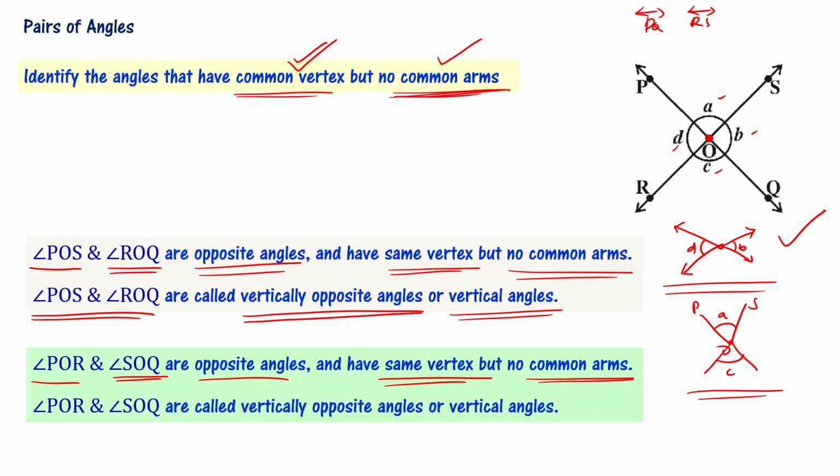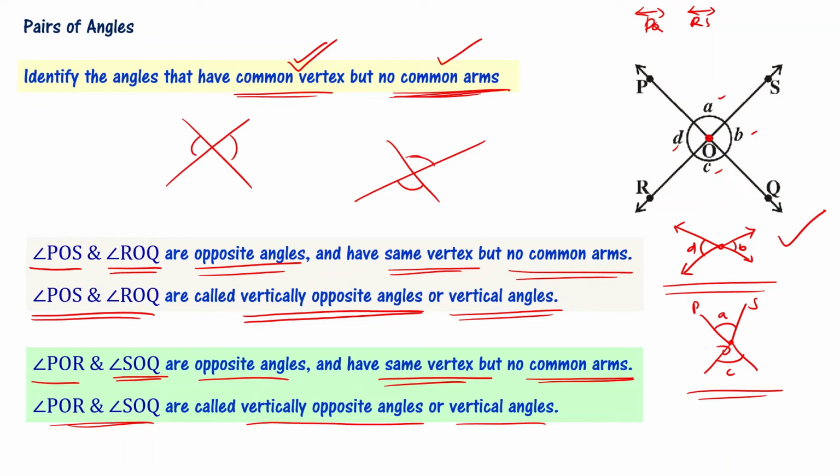For that reason, these two angles are called vertically opposite angles or vertical angles. You understood the definition? If you have two lines intersecting, then this one and this one are vertically opposite angles. This one and this one are also a pair of vertically opposite angles. Got it?